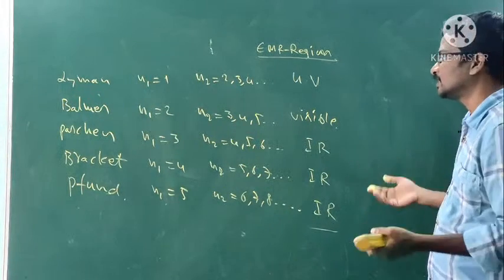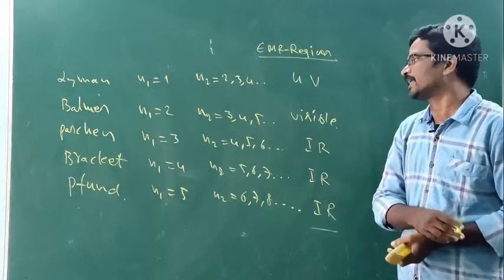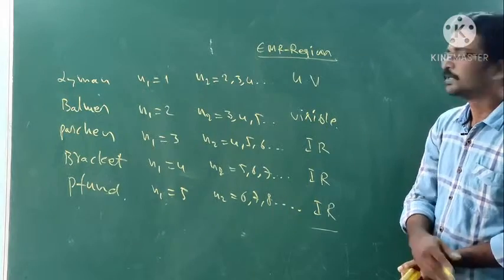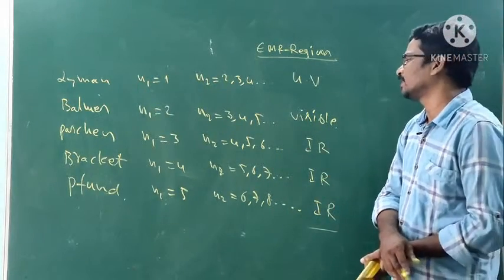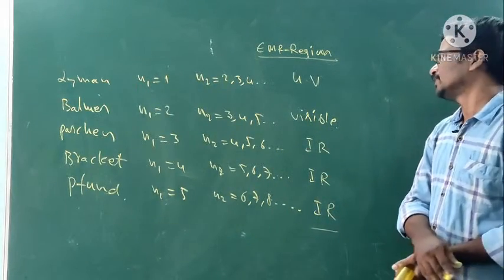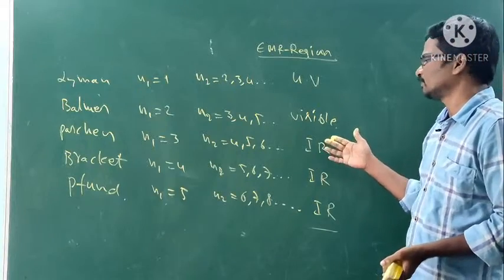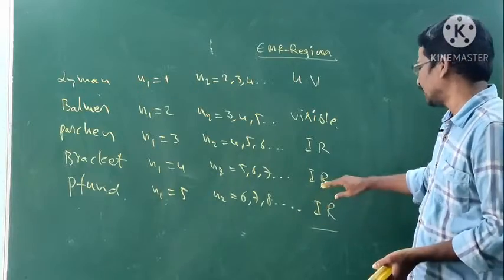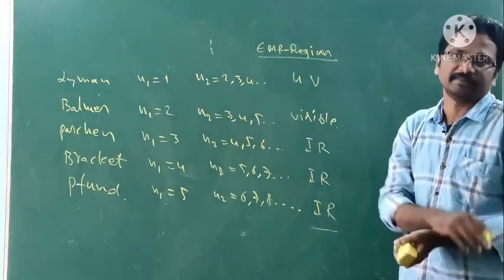Okay, and another scientist comes into the light. Next, Brackett did the same experiment as the previous ones. From his idea, n1 equal to 4 to n2 equal to 5, 6, 7. So he also succeeded by passing IR radiation into the sample.